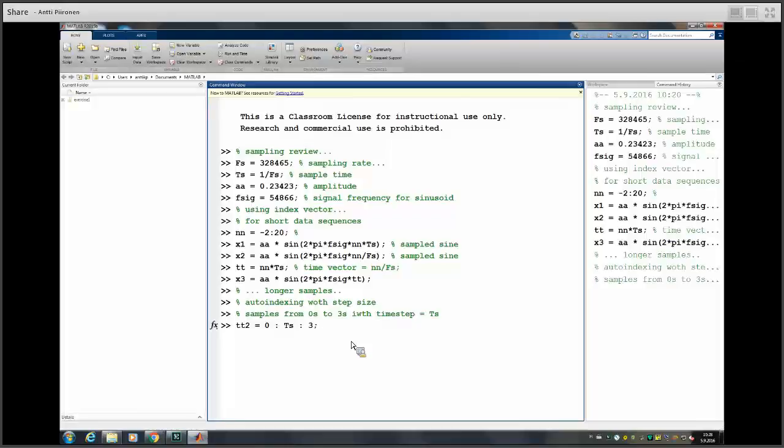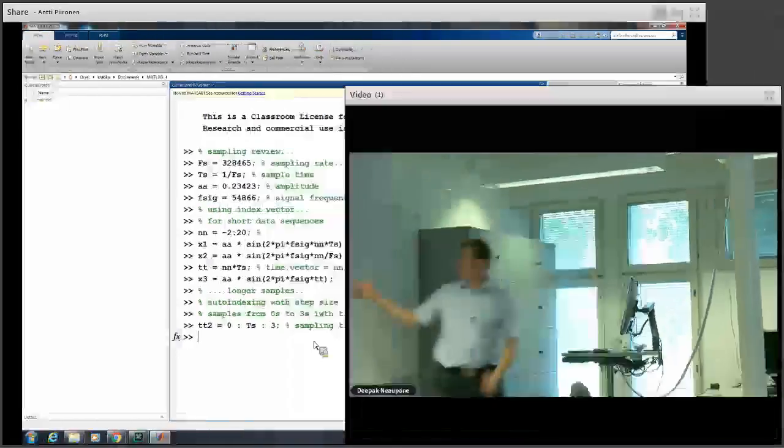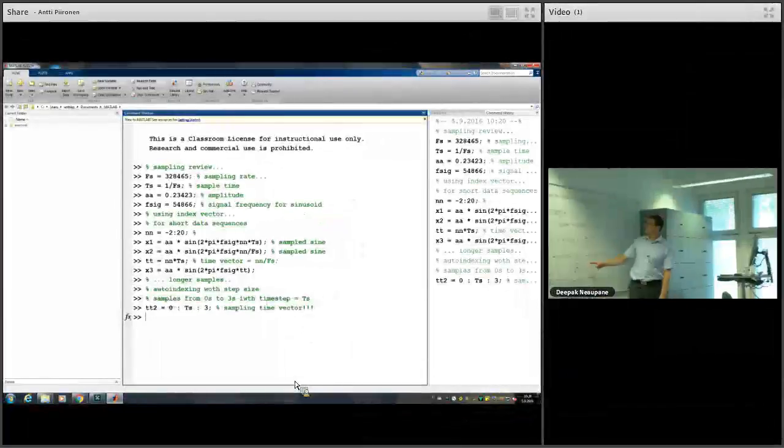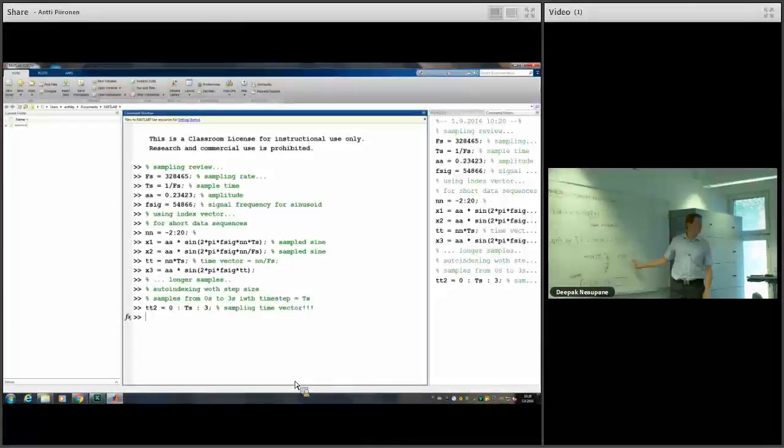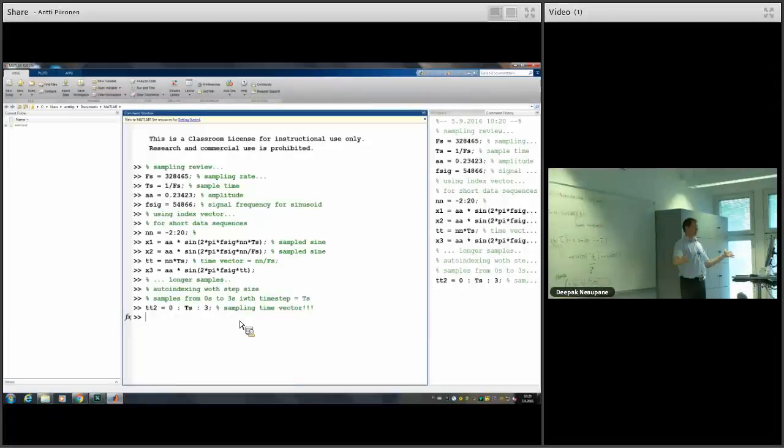So this is a 3 seconds long sample time vector at a sampling rate of 328,000 and so on. This is a long vector, which can be used again here. And that's a 3 seconds long sample.